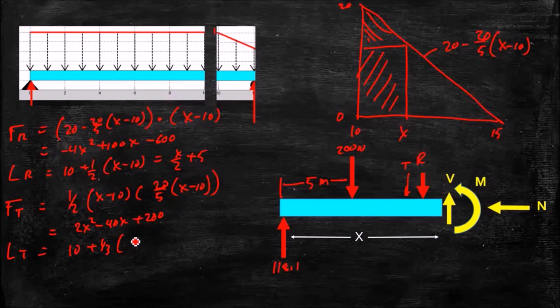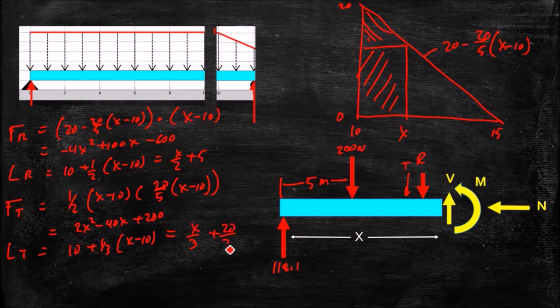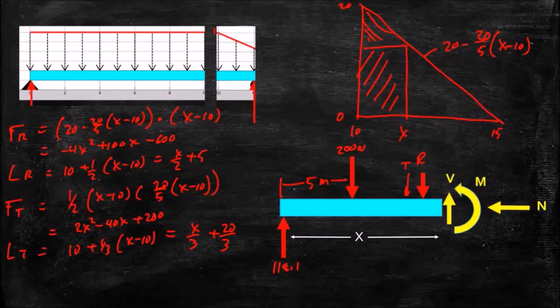1/3 of x minus 10, and that's equal to x over 3 plus 20 over 3. So to find my shear forces, I'm going to do the sum of the forces in the y direction equals 0.